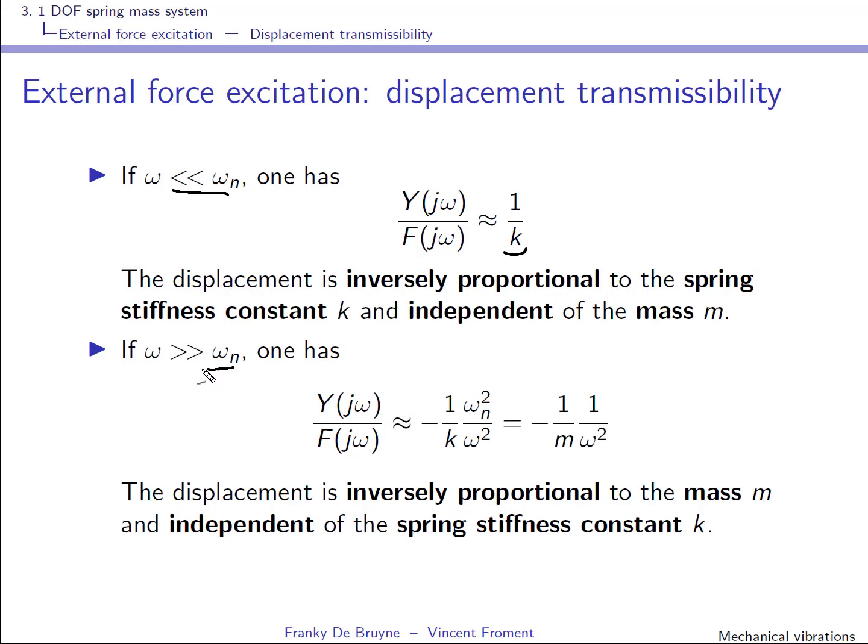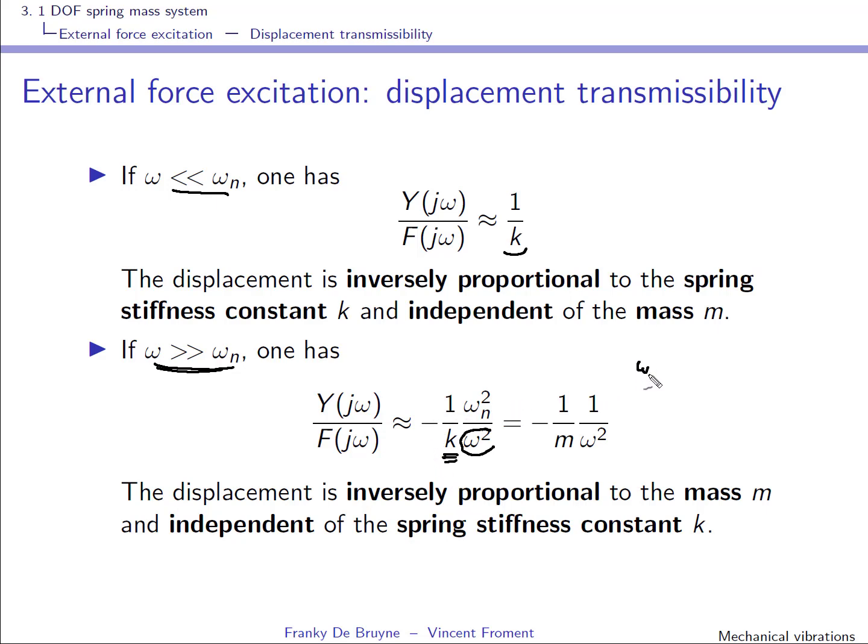When the frequency is much higher than the natural frequency, we had seen that this displacement transmissibility goes down as 1 over omega squared, and that it's actually minus omega n squared divided by omega squared times the gain, which is 1 over k.